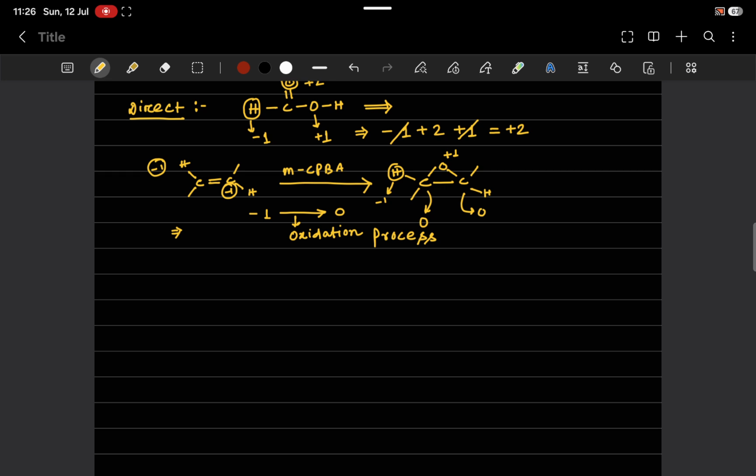Also we have understood the effect of the introduction of a heteroatom in a particular molecule. Basically, I want to give another example.